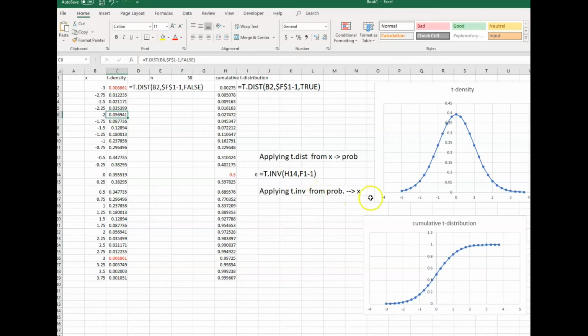We are given probability, and we calculate x. X to probability, probability to x. So these two are like plus and minus, multiplication and division, log and exponential function, paired from A to B and from B to A.